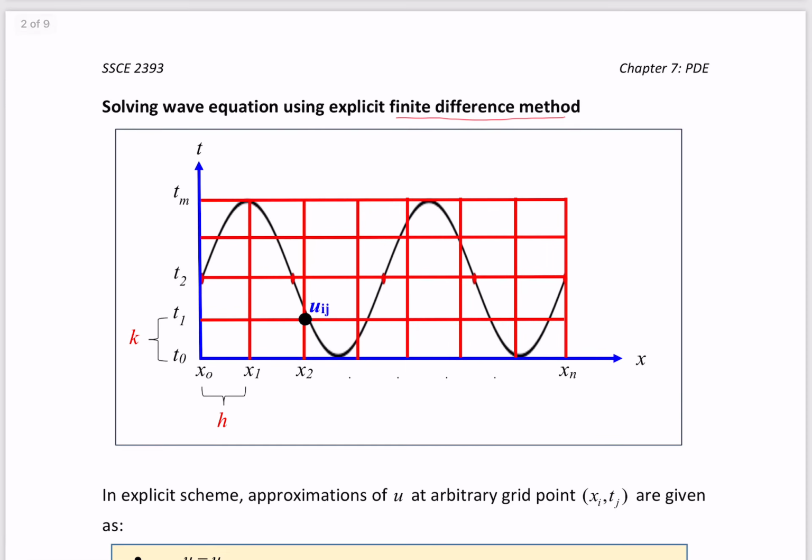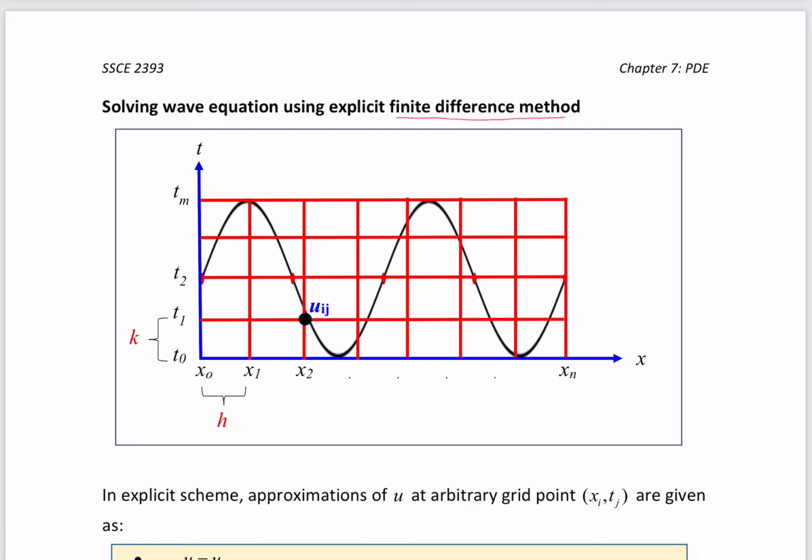We have our domain from x0 to xn, where our x0 equal to 0 and our xn equal to L based on our general equation that we discussed before.